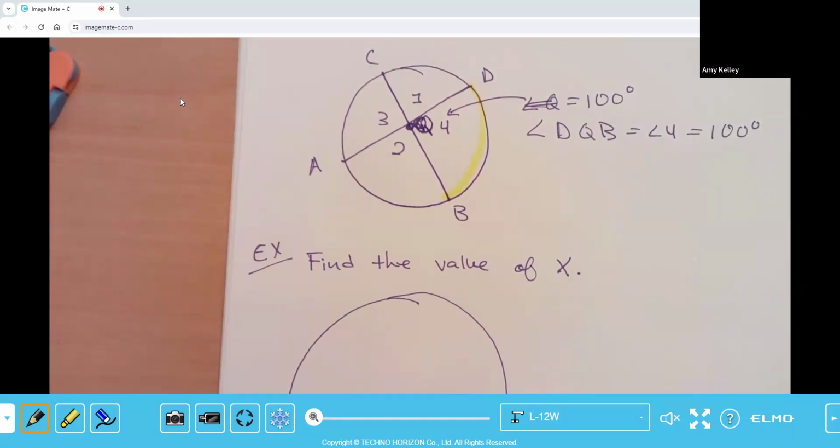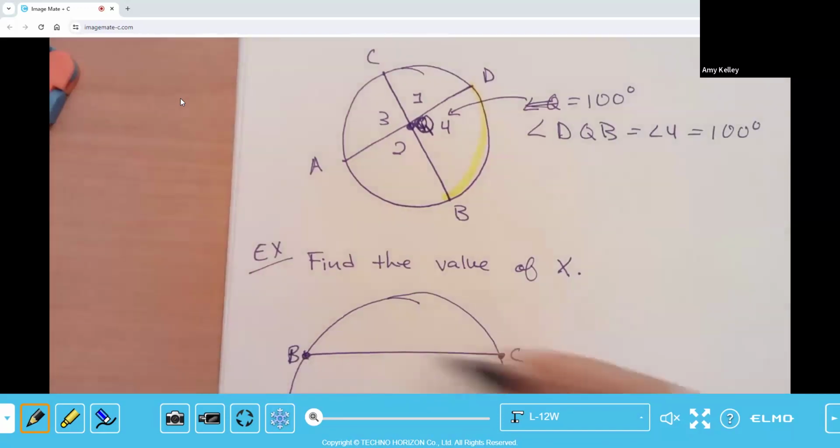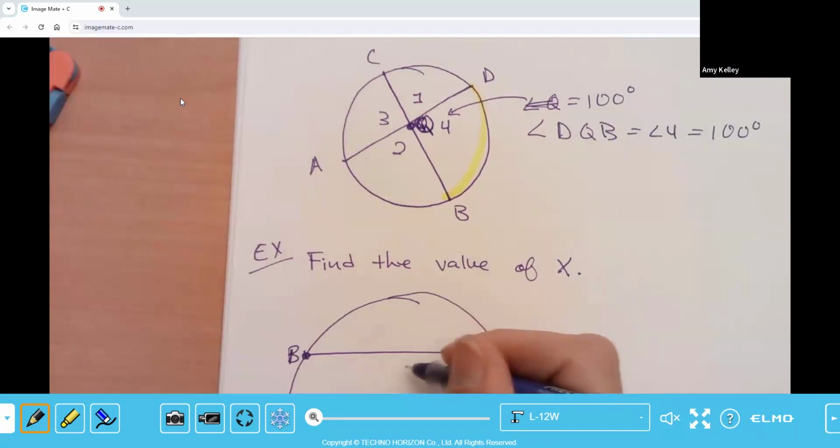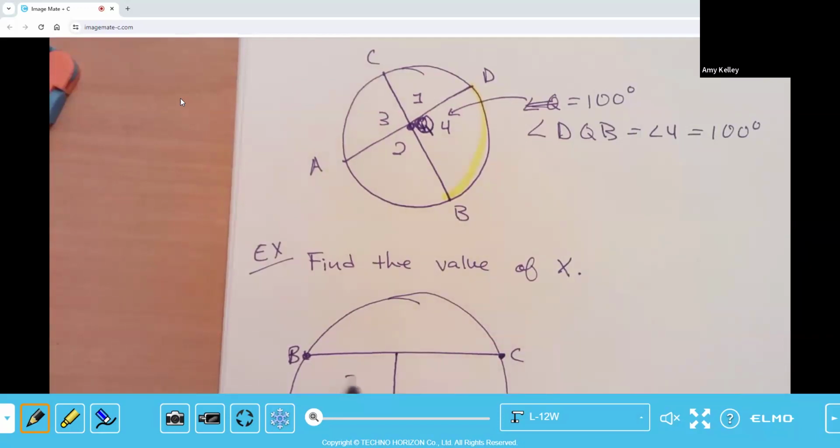X will extend from the center to the circumference, so that means it's a radius. Then I have some chord up here, I'll call it BC. Right here we'll let this be 3.4. This little piece is perpendicular to the chord, and the length is 4.